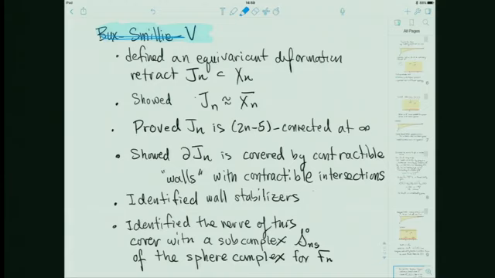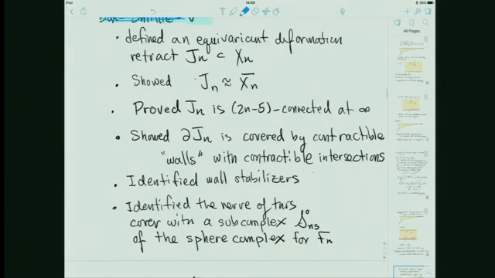And not only that, but it gives us a lot more information about what this bordification looks like than you got from their proof. We can show that the boundary of this bordification is covered by contractible spaces, kind of like the Euclidean spaces that are at the boundary of the Borel-Serre bordification. And they intersect in contractible spaces.